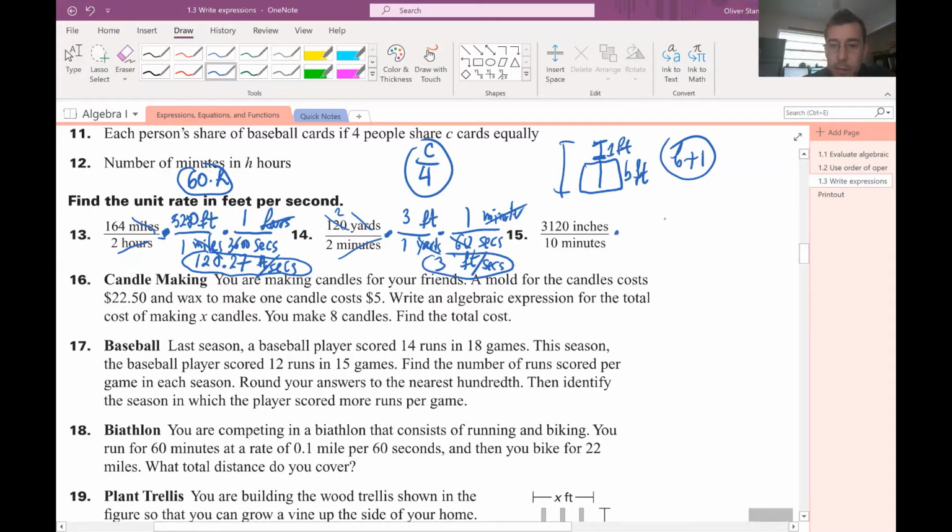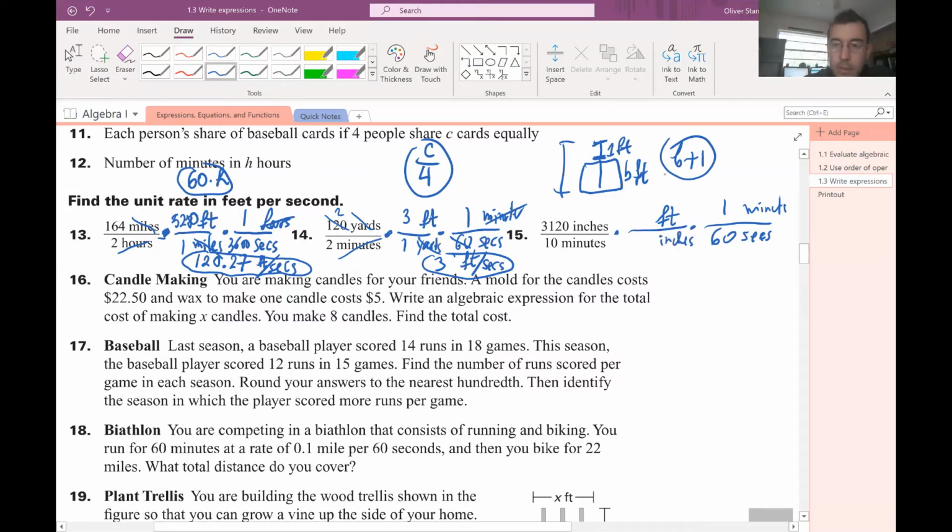And then 15, same thing. We need to end up with feet here on the top, and then we need to end up with seconds. Feet over seconds is the unit rate we're targeting, right? And then here minutes have to cancel out with minutes. So 1 minute has 60 seconds, and then inches here, they have to cancel out.